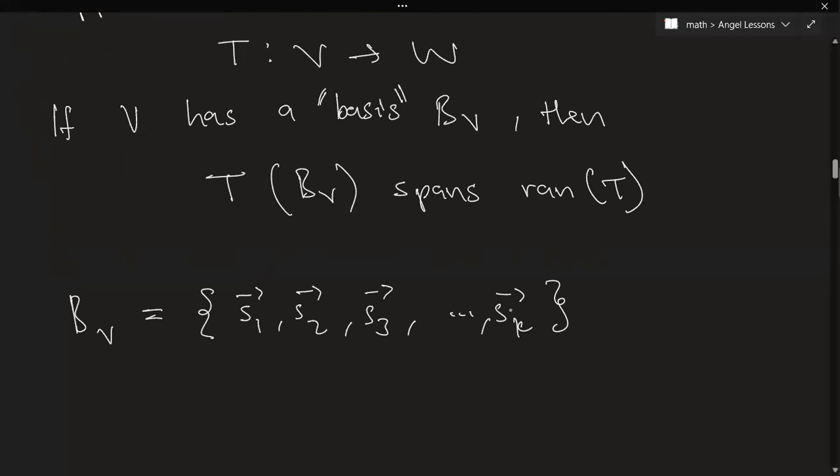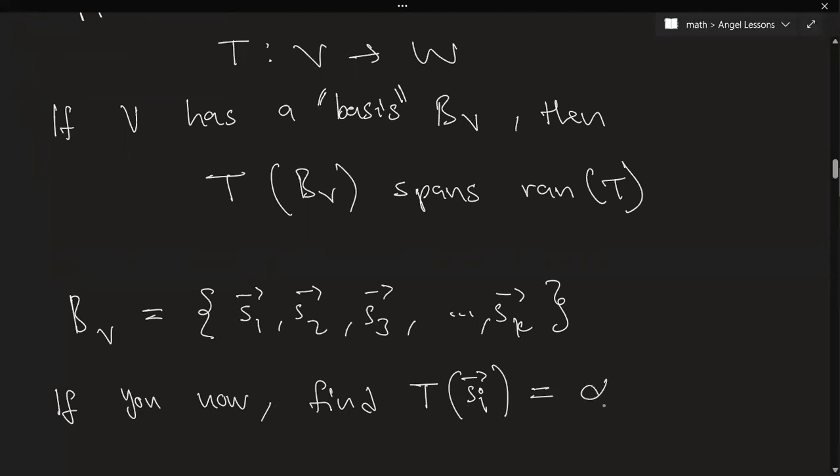You see, but a basis element is a vector in its own right. So if you now find T of Si, we know that if you were to find T of Si, obviously you will get alpha i as another vector.